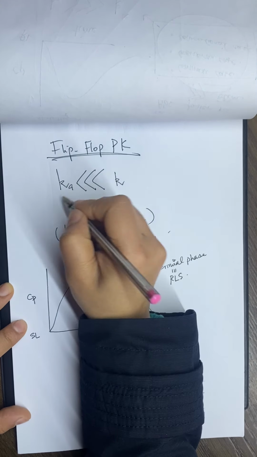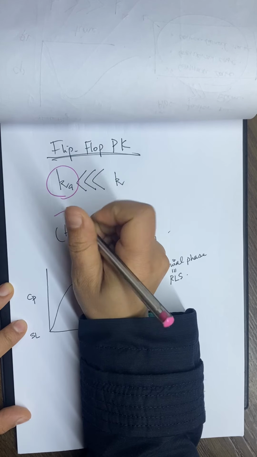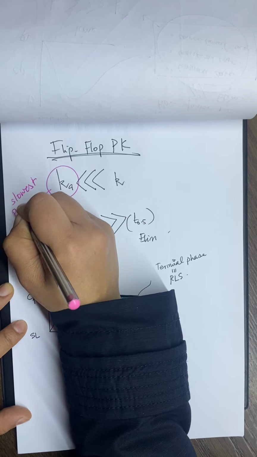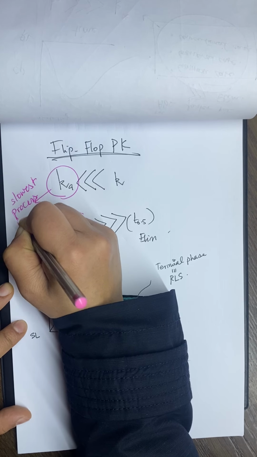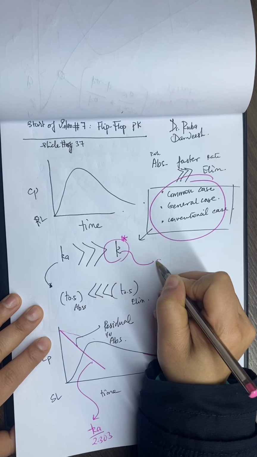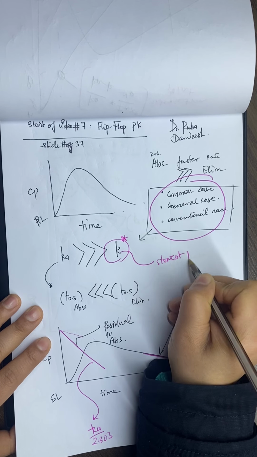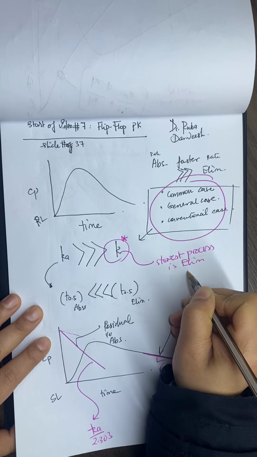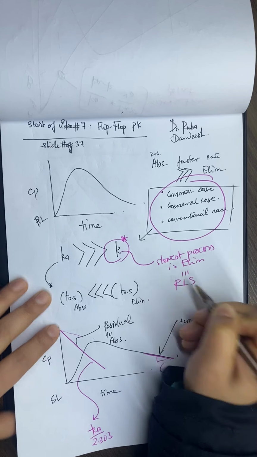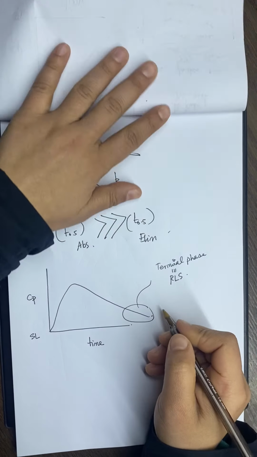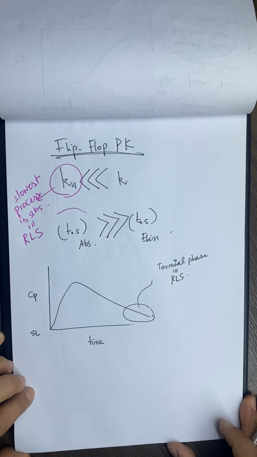Here, the slowest process is absorption, according to this, right? In the general case, the slowest process is elimination. So here the absorption is the rate limiting step, right?